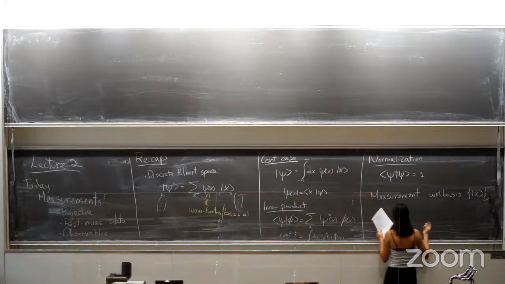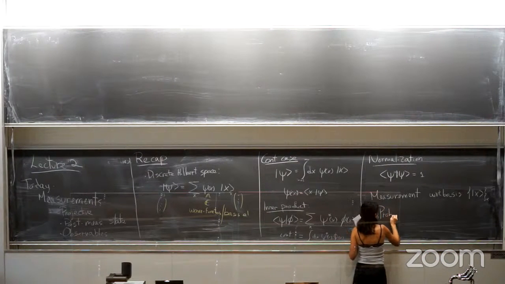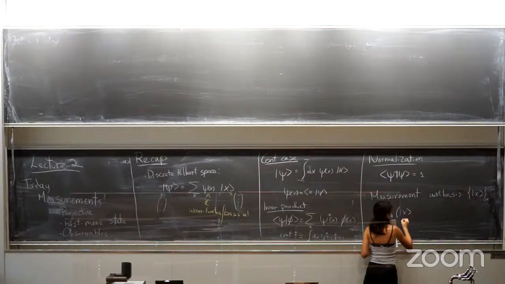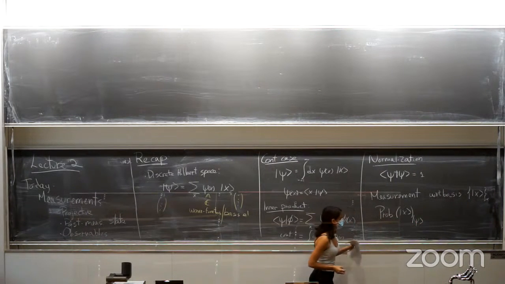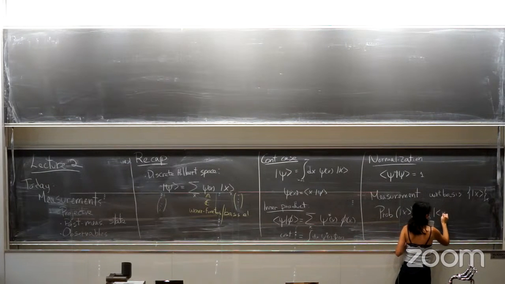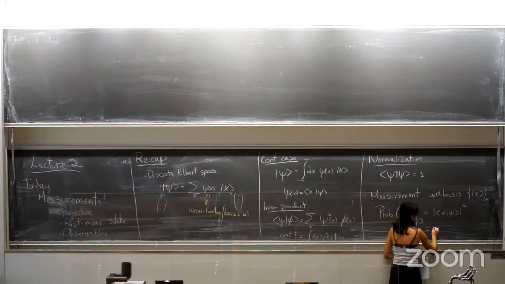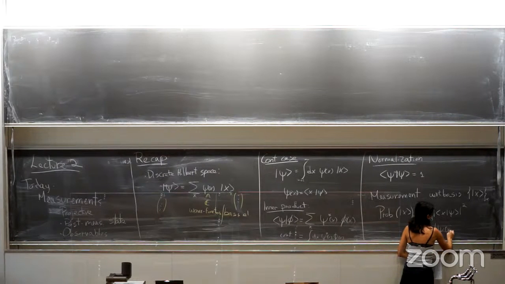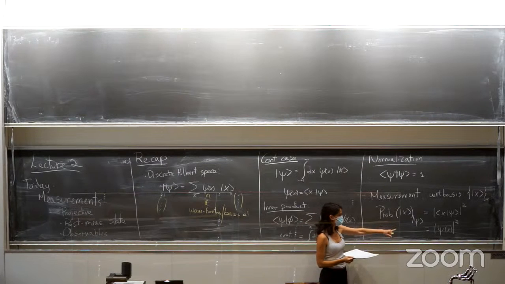This is true in both the continuous and discrete cases. What's the probability? This notation means the probability of getting outcome x when I measure state psi. We saw that this was given by this inner product squared, and if this is the basis element, this corresponds to the square of the absolute value of the wave function.